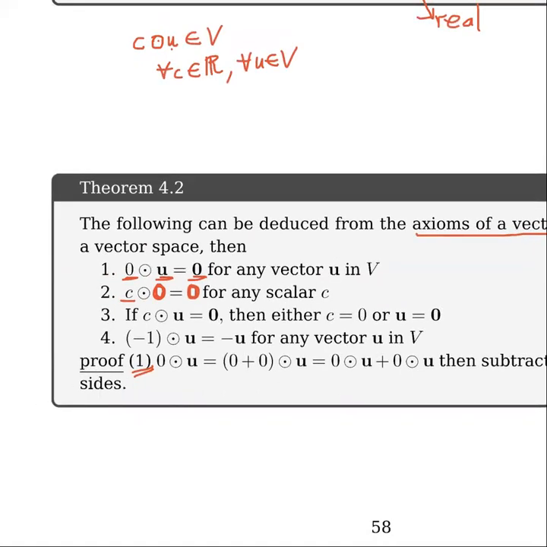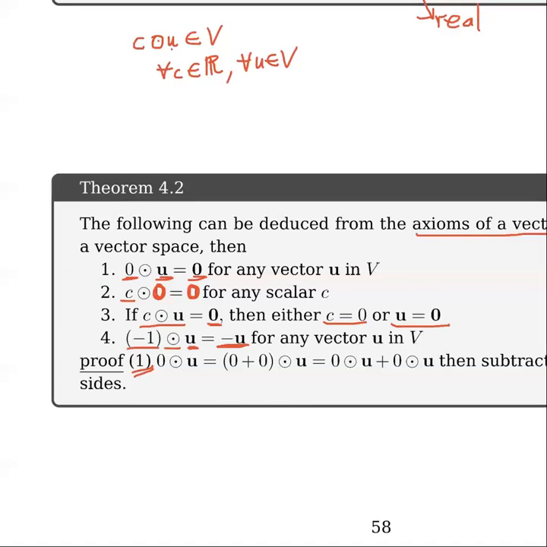If I take this scalar product and the result is the zero vector, then it turns out that either c is the zero scalar or u is the zero vector. And finally, the additive inverse of the vector u is really -1 times the vector u.